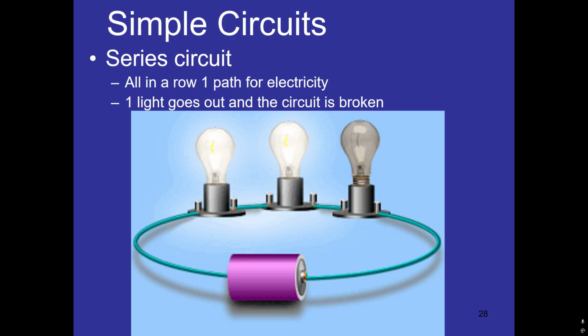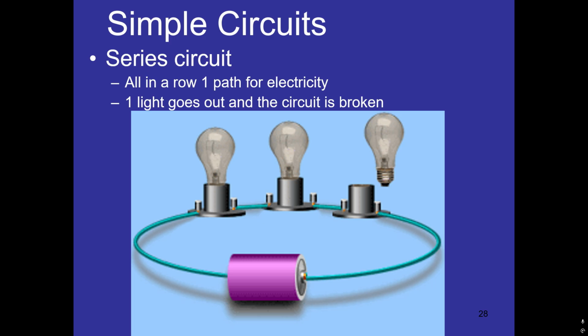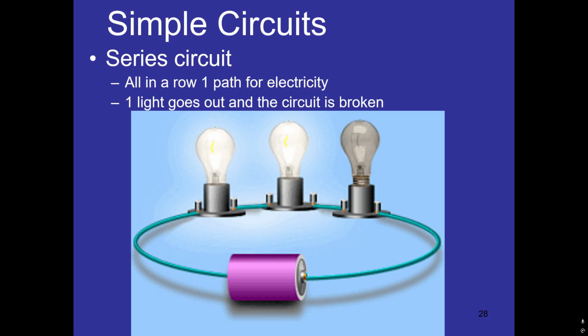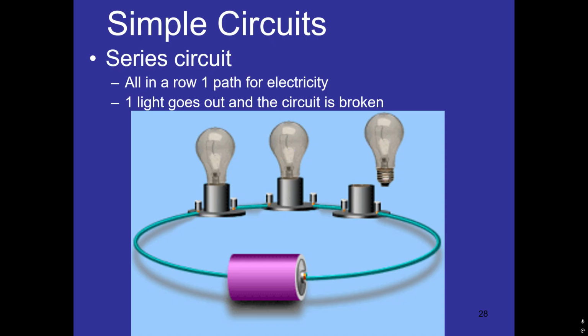The components are connected one after another, all in a row, with one path for electricity. Here the current will start from the positive terminal, flow through all the three lamps, and reach the negative terminal of the battery. The same current flows through the entire circuit.